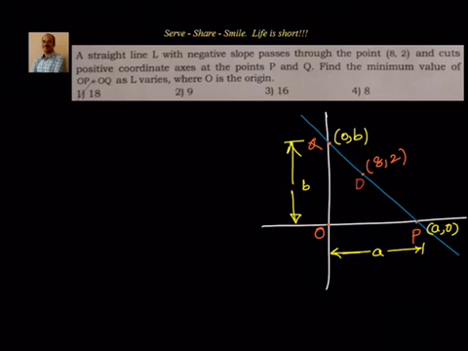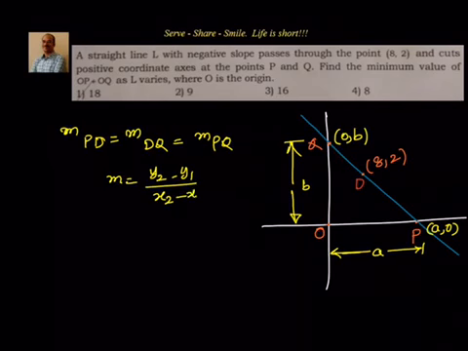Can I say the slope of PD is equal to the slope of DQ, is equal to the slope of PQ, and slope is given by y2 minus y1 divided by x2 minus x1.